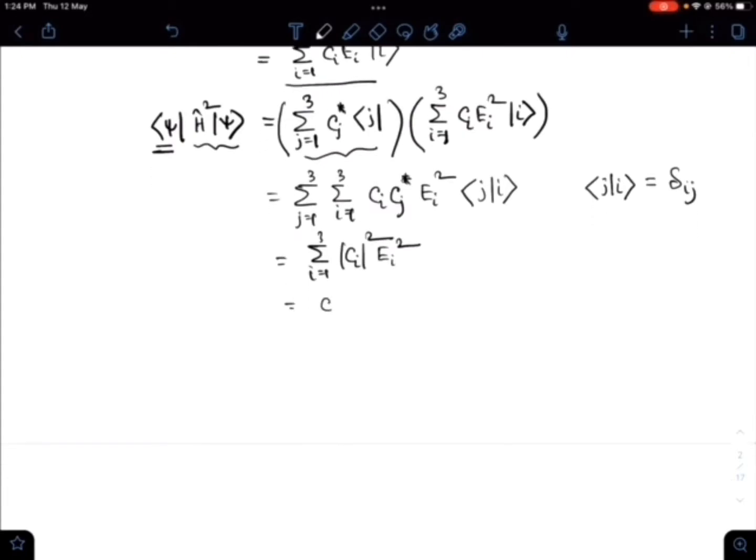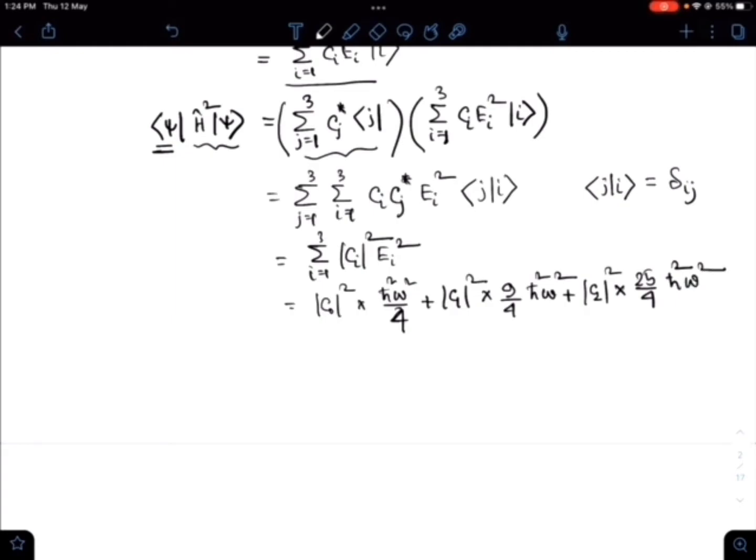So C0^2 times h-cut^2 omega^2/4 plus C1^2 times 9/4 h-cut^2 omega^2, and another term C2^2 times 25/4 h-cut^2 omega^2.